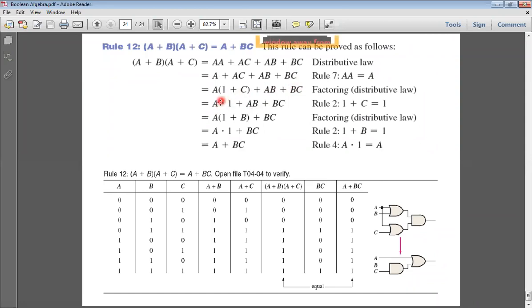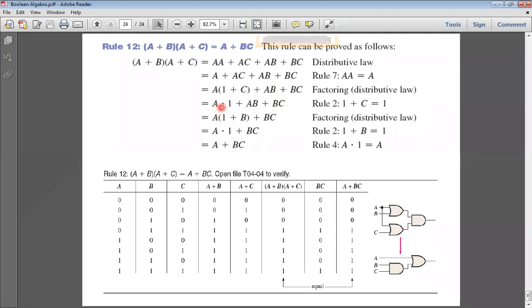Now see, 1 plus C is 1. This is rule 2, and beside we have mentioned the rules that are used. A into 1 plus C is 1, right? AB, this term comes down as it is, this term comes down as it is.